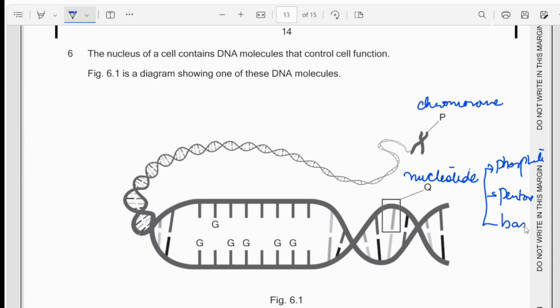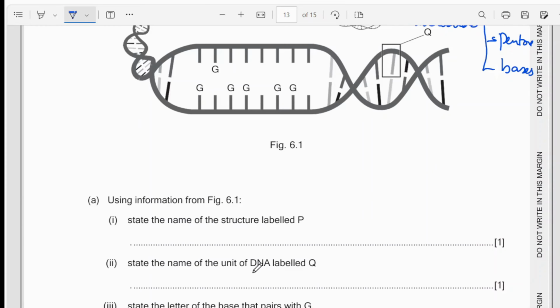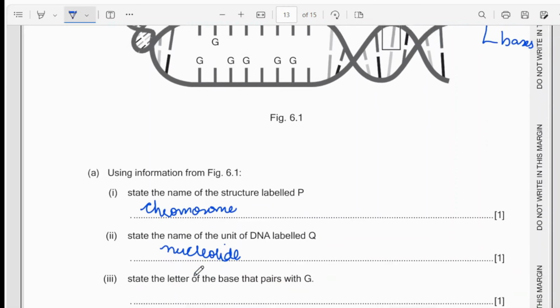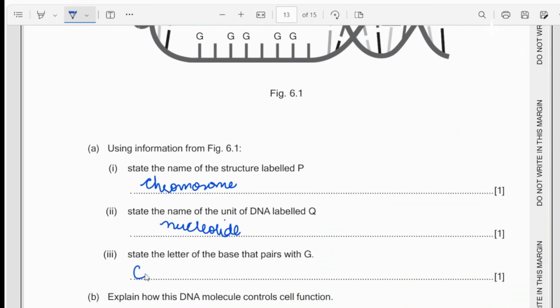And a base. How many types of bases are there? Four. Name them. Okay, just tell me the letter. Guanine and cytosine. Correct. So P is chromosome, Q is nucleotide. What pairs with G? C. So they have given us a letter, so we'll write the letter.